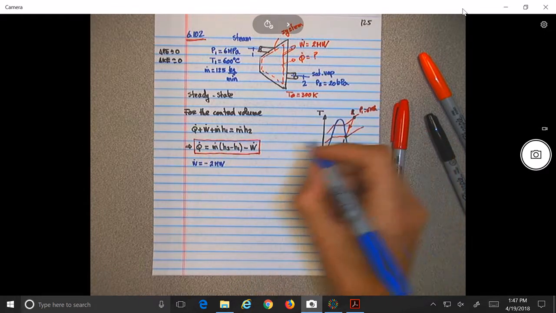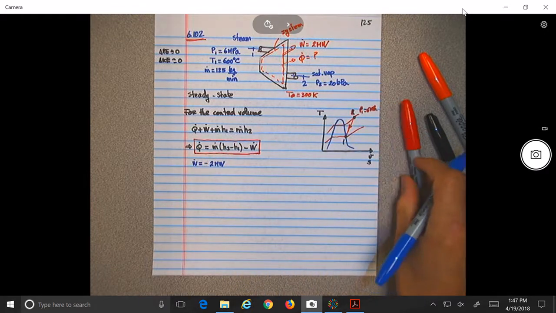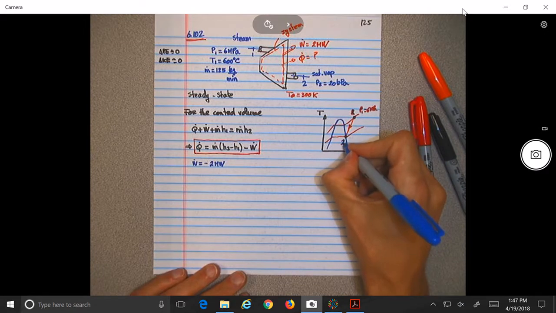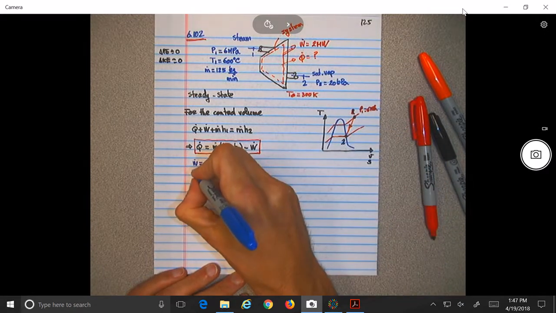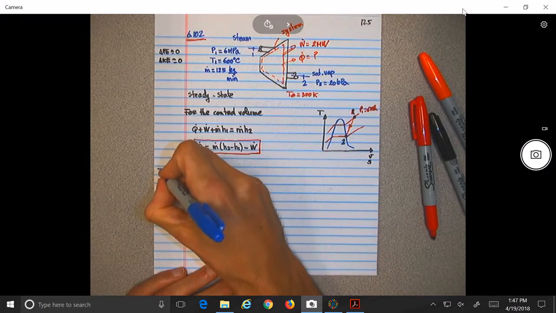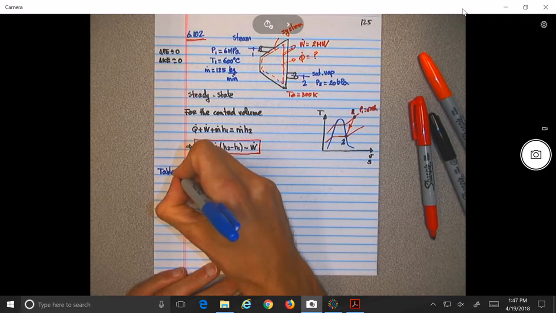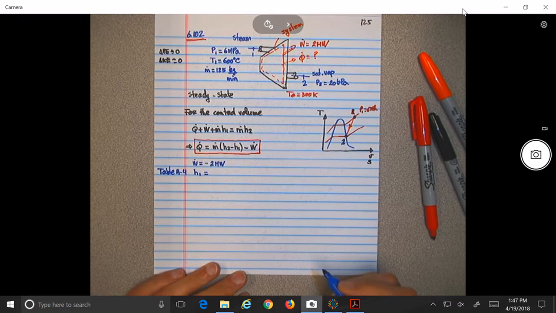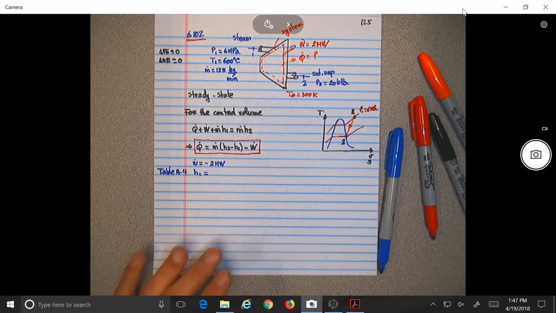Oops, I did here this is 2, sorry. So H1 will be equal to what? Probably from table A4. So let's see, I'm not going to do the substitution, but let's see if I can find the value. So what do we know about 1 is 6 megapascals and 600.